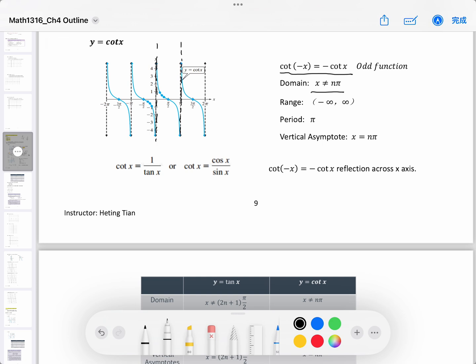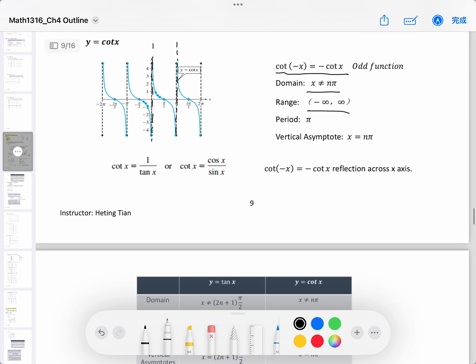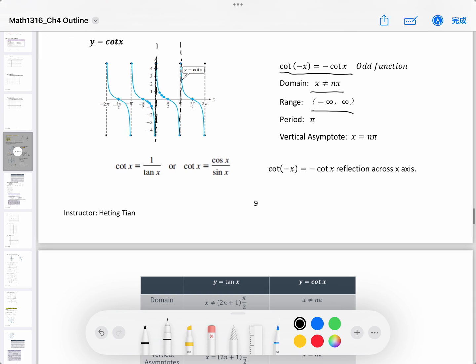So it is integer n times pi. Between 0 and pi is one full cycle of cotangent. The range is from negative infinity to infinity. The period is pi, because between these two vertical asymptotes is one full cycle. The vertical asymptotes are x equal to n pi.